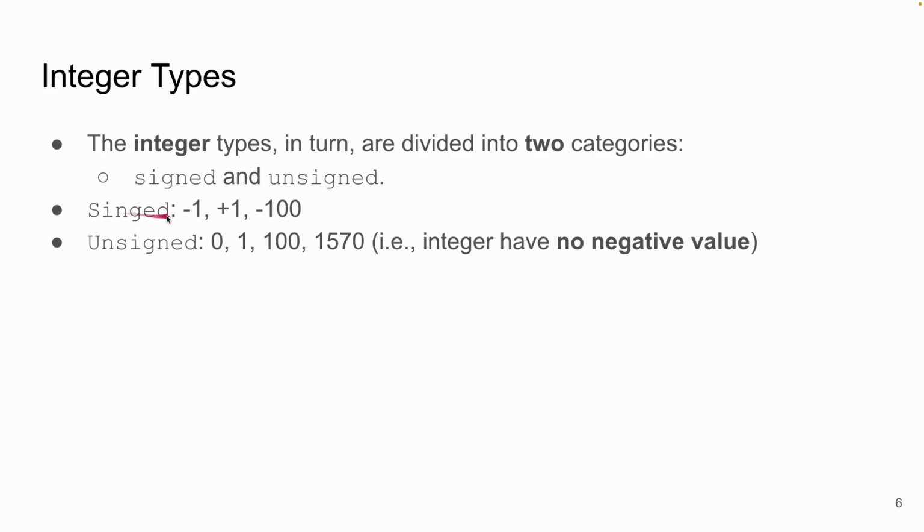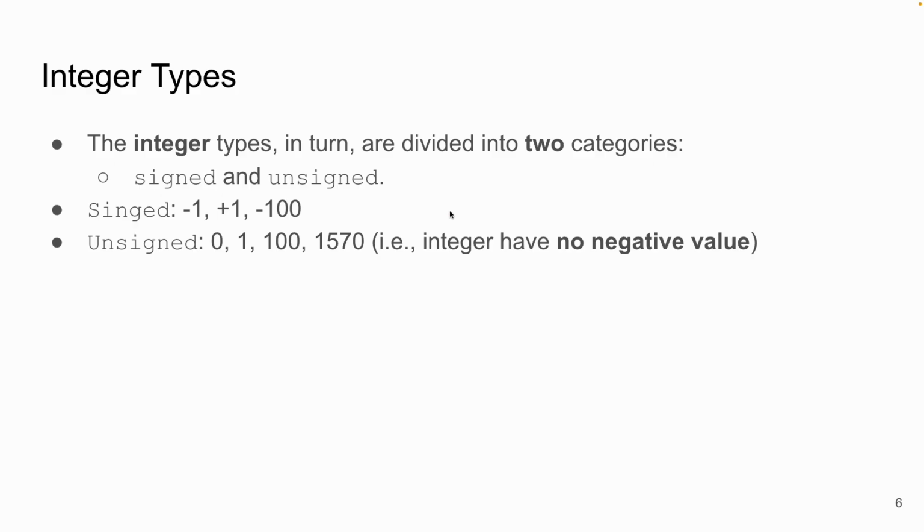For the signed number, we can divide it into positive numbers and negative numbers. For the unsigned number, we cannot add the sign to the number. So unsigned numbers are integer numbers that have no negative value.